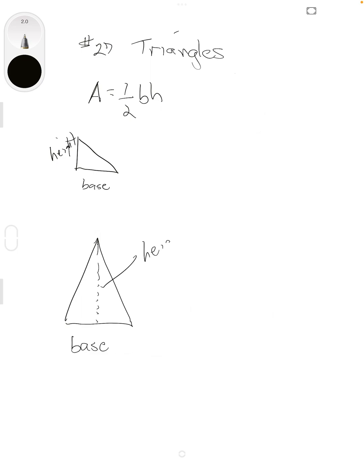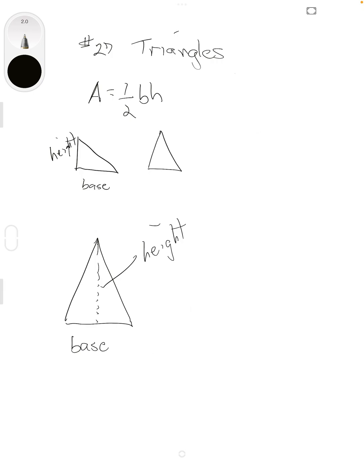So the first one, this is called the base, this is called the height. Different kinds of triangles. Well, let's say you have one that is this way. Well, this is the base, and this is the height. So for now, they would give you this, and not a problem.